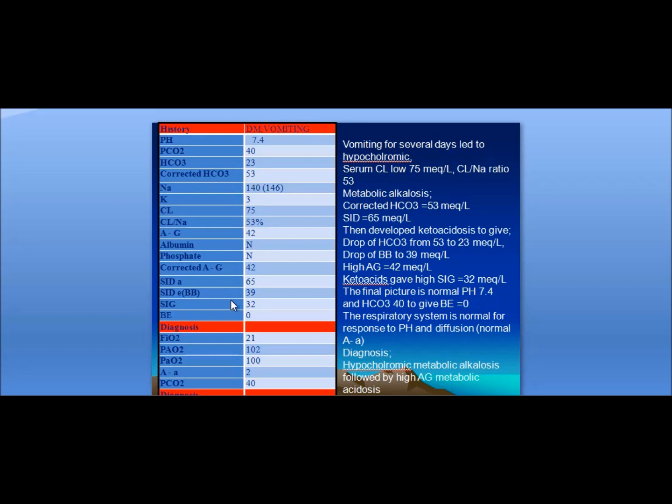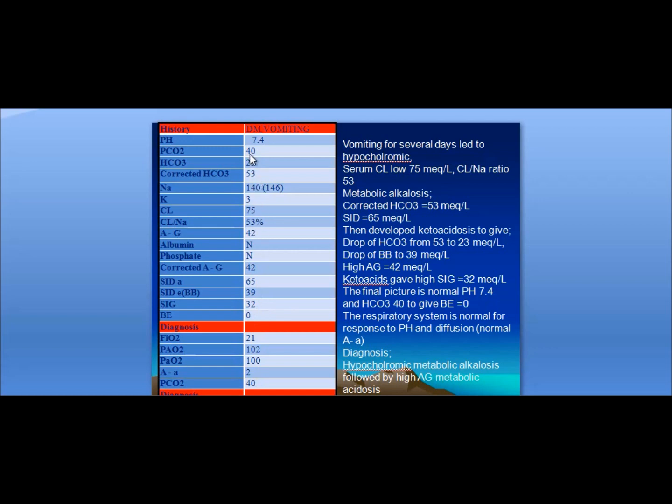That's why when you come to the buffer base, return to normal. Base excess or deficit, no, it's 0. It's normal bicarbonate. But what about the strong ion gap? Strong ion gap is very high, 32. Normal should be 0.